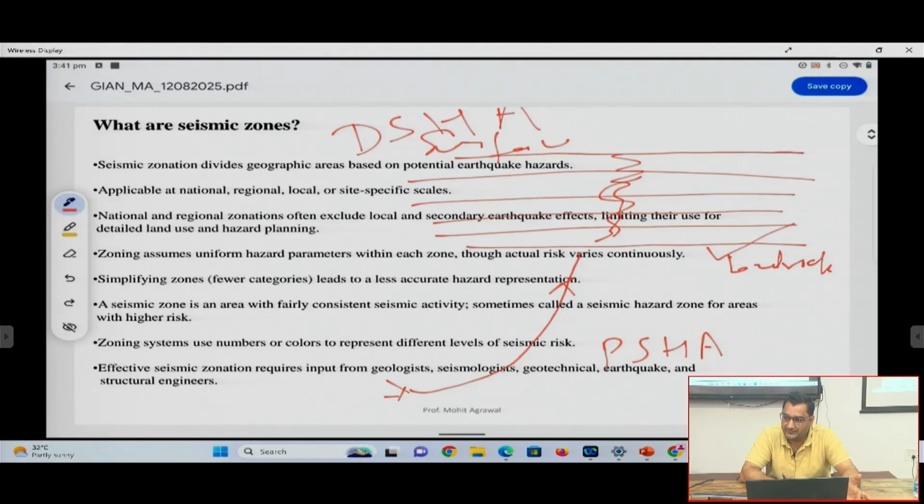He will perform some testing, maybe the MASW testing, the standard penetration testing, or the cone penetration testing. Using all this information together, you perform the zoning of the area, and the final zoning map you hand over to the structural engineer. The structural engineer will take that into account and make building codes for the people, so that they can construct better buildings that provide some resistance to the earthquakes.